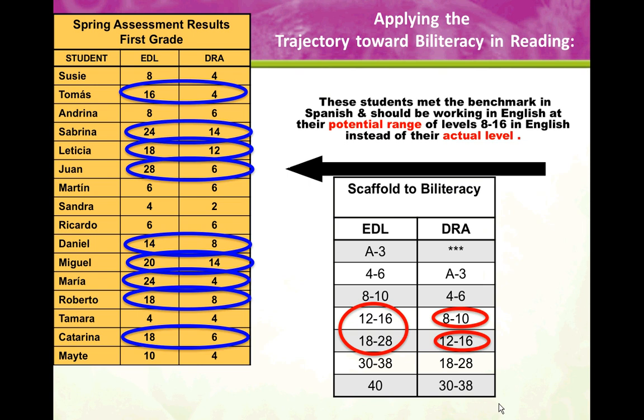We call this their potential range. We say that these students met the benchmark in Spanish and should be working in English at their potential range of levels 8 through 16 instead of their actual level. So this is the power of biliteracy, and this is what we have to begin to look at in assessment, to help guide our instruction.